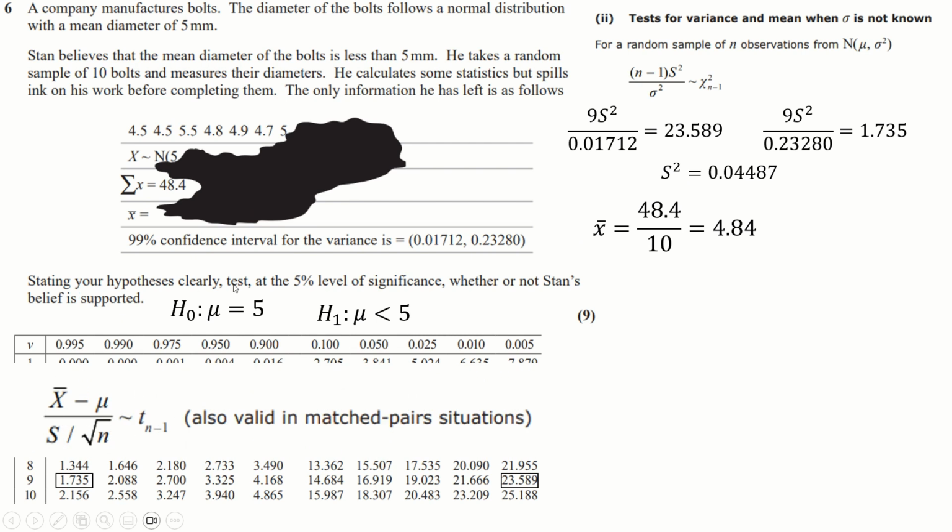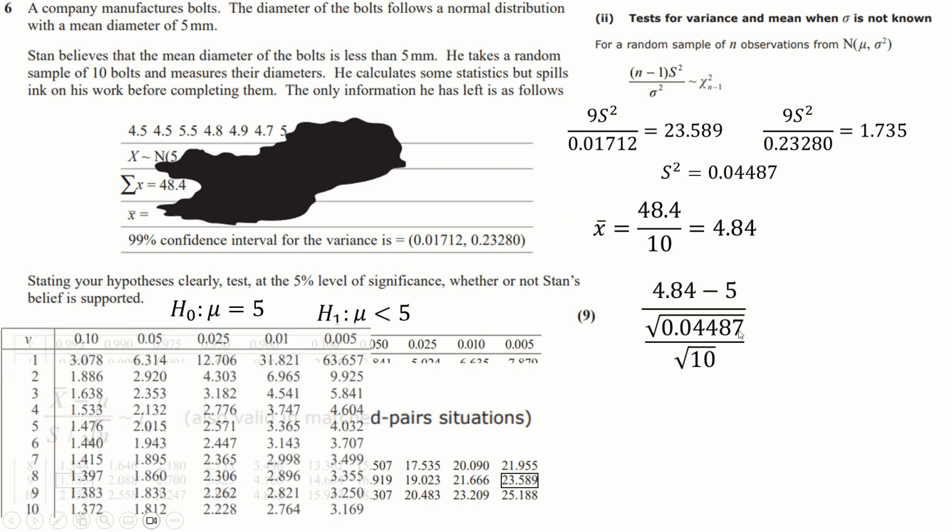So now we're moving on to doing our 5% test, where x bar minus mu, and we'll say that mu is 5 because that's the null hypothesis, divided by s, which is, of course, root of this over root n, which is 10. We did exactly the same thing last question, if you remember. It's twiddled with a t-distribution, n minus 1, which would just be t9. So we've got all of this, which equals some number, this.